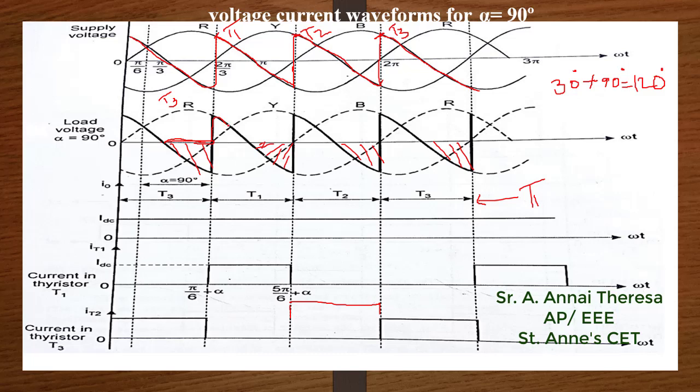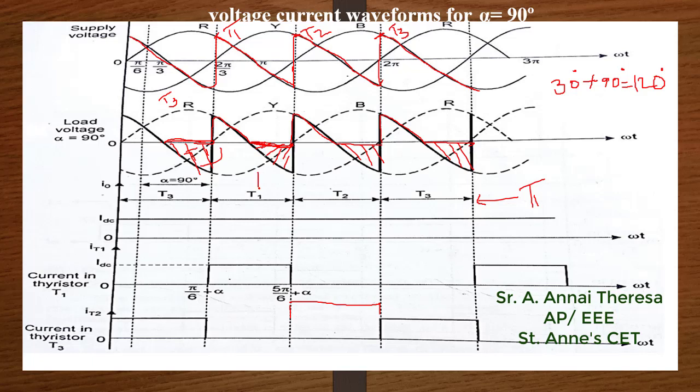Okay, the 0. Then this part will be 0 because here the freewheeling diode will conduct. Then again 0, then again it will be 0. So this part will not be there. So in this duration there will be freewheeling diode action.